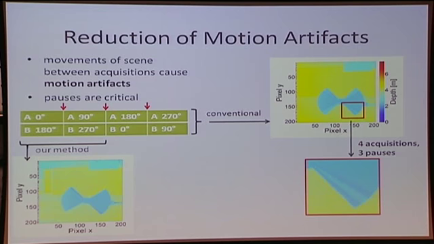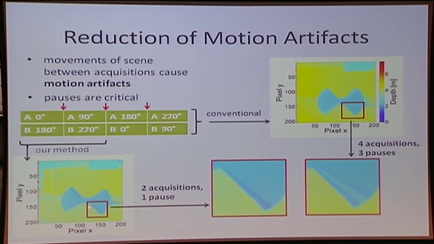So this gives 3 regions which are disturbed by artifacts at the edges. And one of the single depth maps is generated using 2 acquisitions, which has only 1 pulse. So we get a region which is disturbed by the artifacts that has only a third of the size of the conventional technique. So the motion artifacts are reduced by a factor of 3.